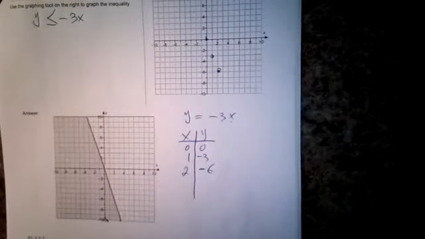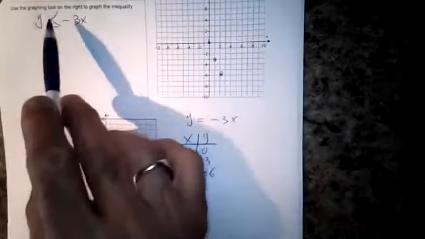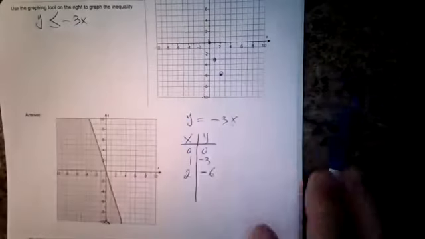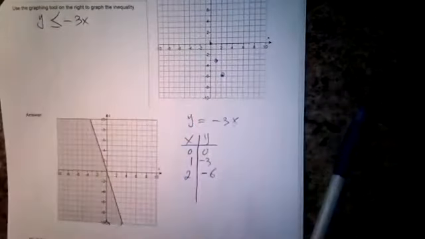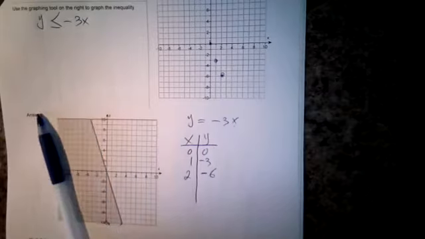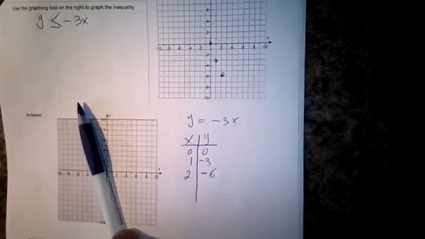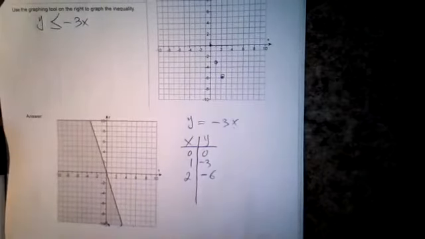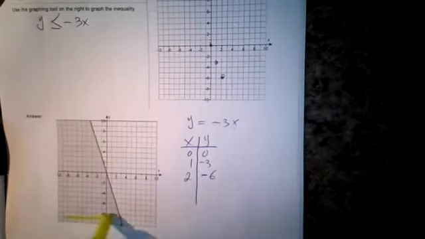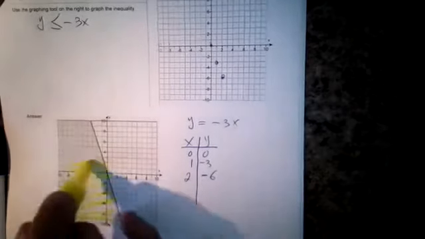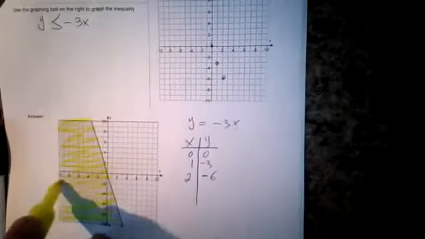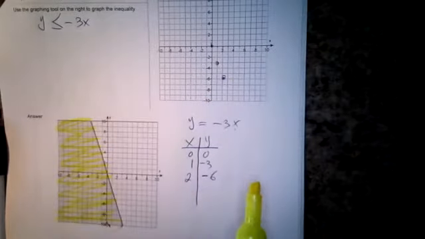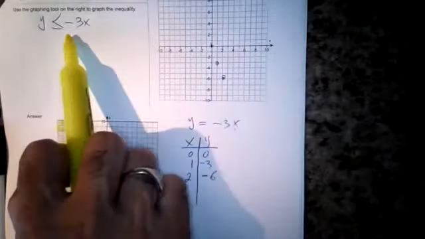All right. So now, y is less than that. Means you go from here to the left. Y is less. So you shade here, to the left of this line. See? So that's the difference between equation and inequality.